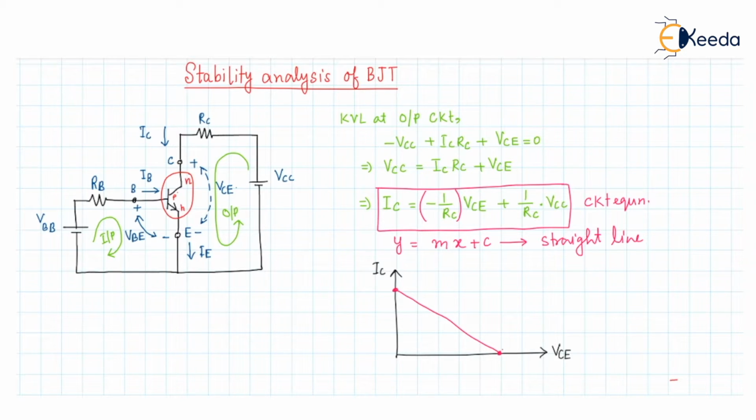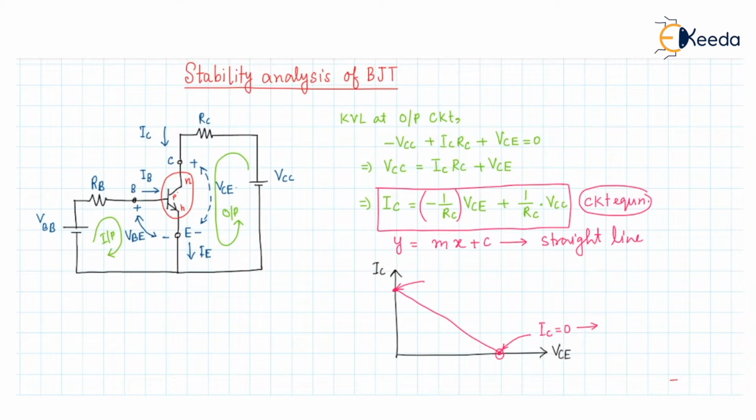What will be the value at this point, and what will be the value at this point, we have to find. To find the coordinate of this point, let us put IC equals 0 in the circuit equation.